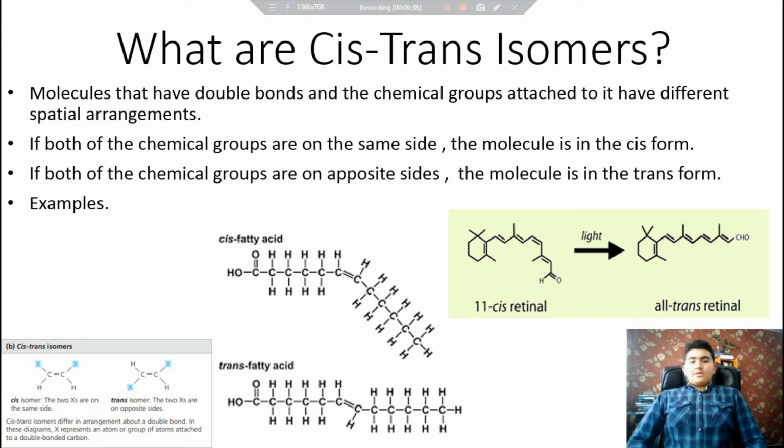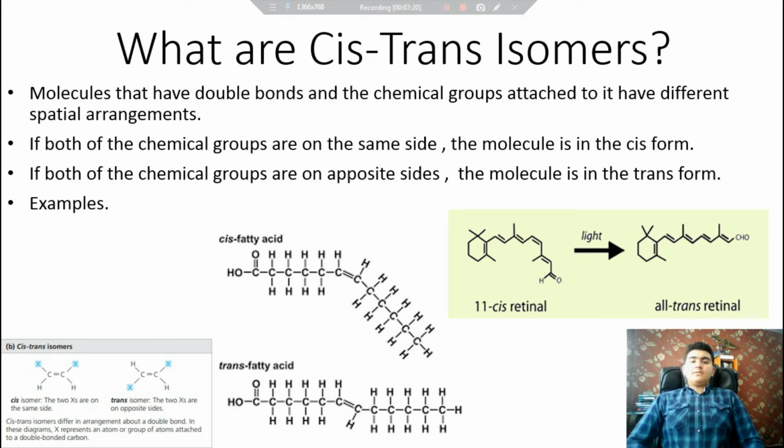So the arrangement that has both X's on one side of the molecule, as shown in this picture, where the X's are on the, how do I say it, north side of the molecule, is known as the cis isomer. And if both of the X's are on opposite sides, as shown in the right part of the same picture, that isomer is known as the trans isomer.